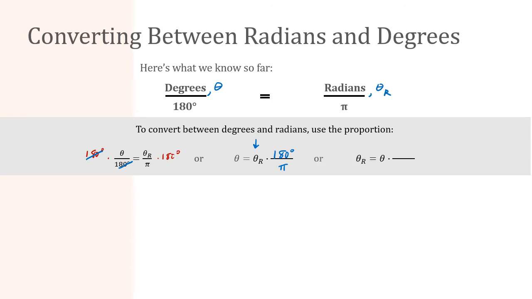Now, a variation of that would be if I'm given an angle in degrees and I want to convert it to radians. Well, let me go back over to the original proportion.